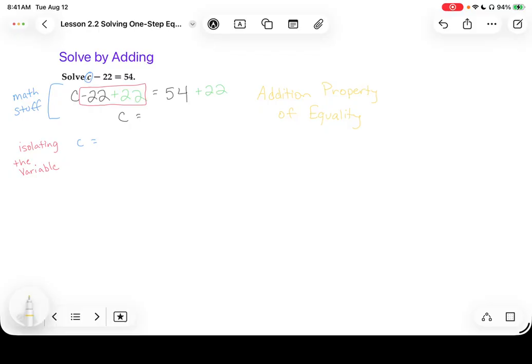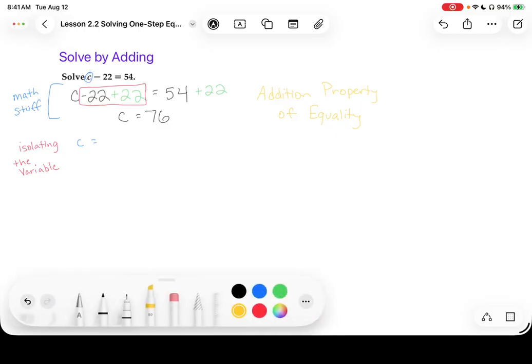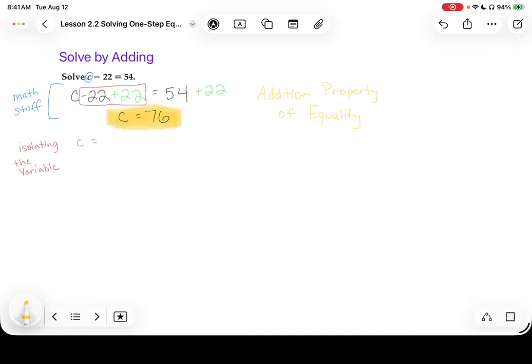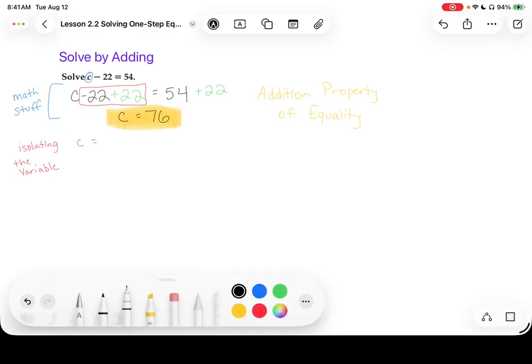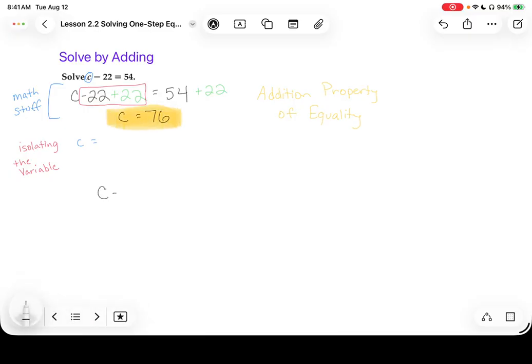Well, 54 plus 22 is 76. So I believe the answer here is 76. There's a way I can check the answer though. Let's see if 76 is really the answer. My original equation was c minus 22 equals 54.